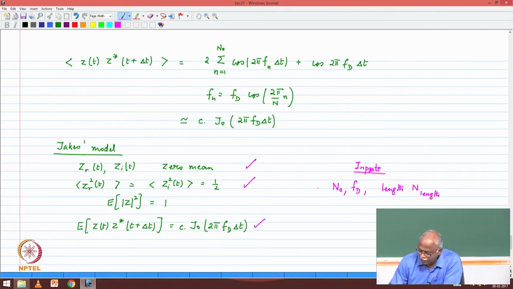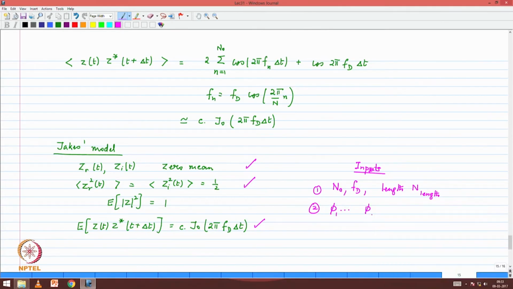Now we also have to make another choice, the random phases of these oscillators, phi 1 to phi N naught. These are chosen to be uniformly distributed random variables in the range minus pi to pi.